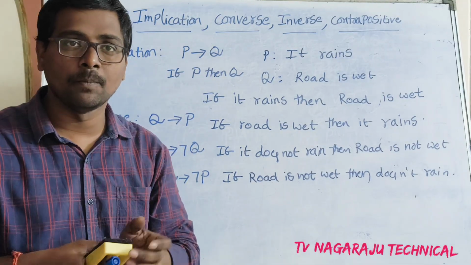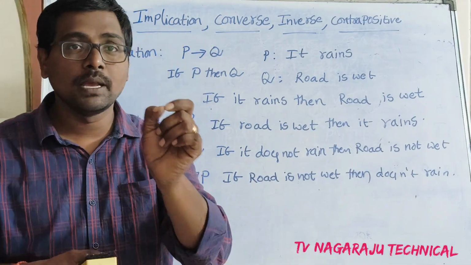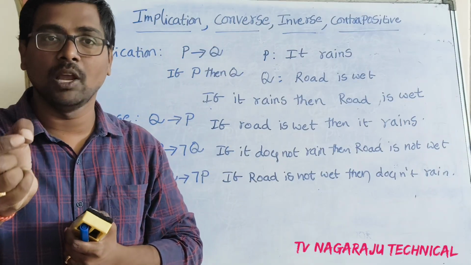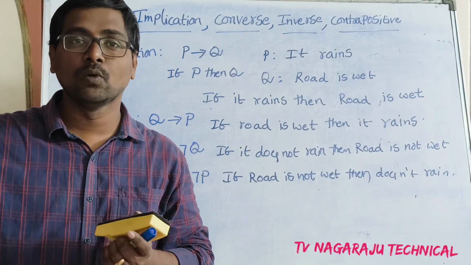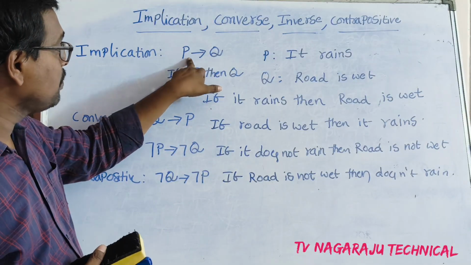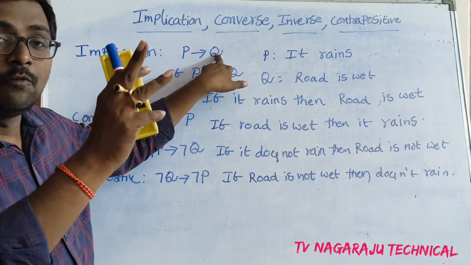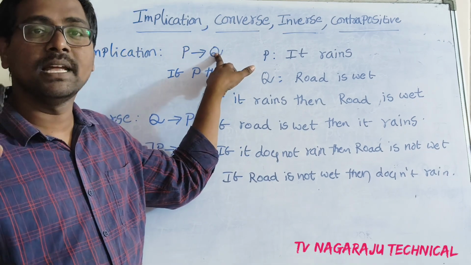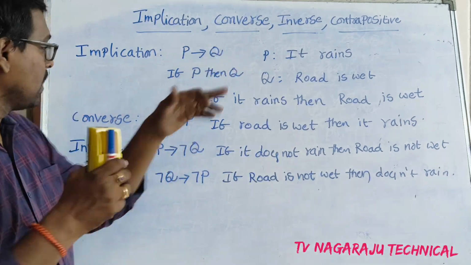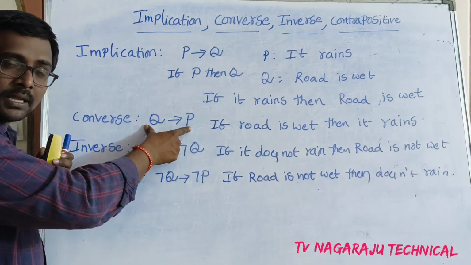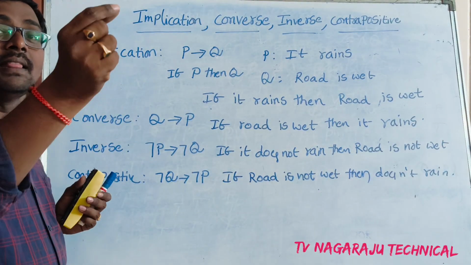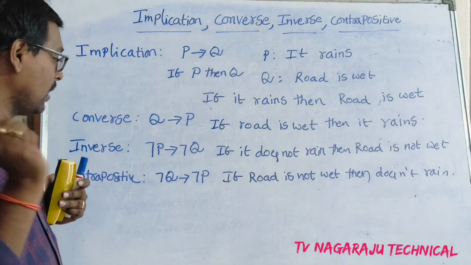Consider one more example. Suppose the two statements P, Q. P is the three angles are equal, Q is an equilateral triangle. What is P implies Q? If three angles are equal, then it is an equilateral triangle. Now Q implies P means, if it is an equilateral triangle, then the three angles are equal.